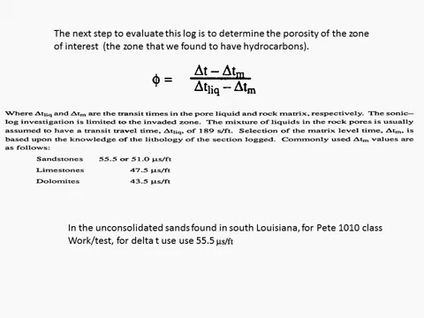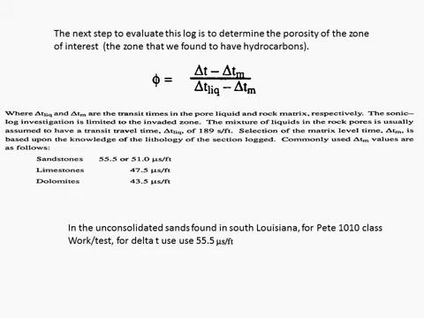Selection of the matrix level time, delta T matrix, is based upon the knowledge of the lithology of the section logged. Commonly used delta T matrix values are as follows. Sandstone, 55.5 microseconds per foot to 51 microseconds per foot. Limestone, 47.5 microseconds per foot, and in dolomite, 43.5 microseconds per foot.